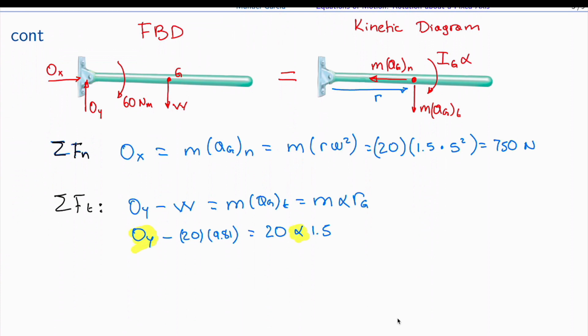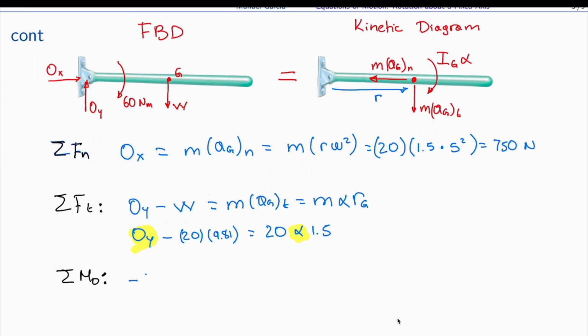So we still need another equation, but we have the equation of the moments. So we have the sum of the moments at O equation, and so the moment that we have of 60 newton-meters.